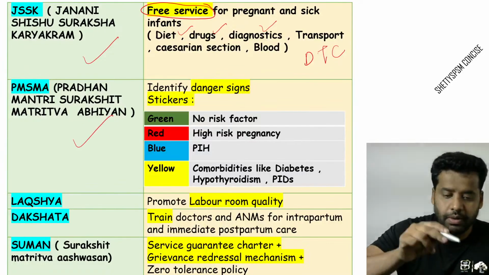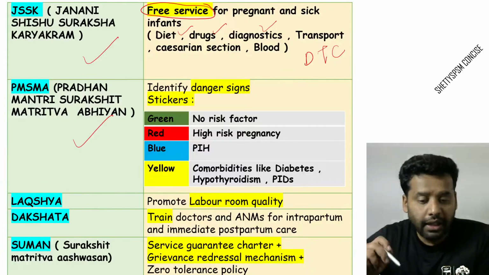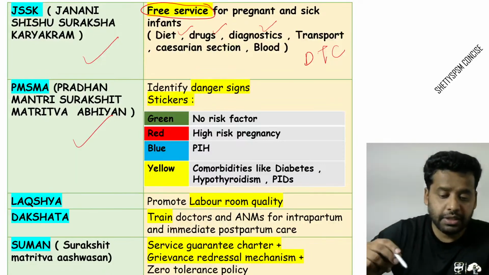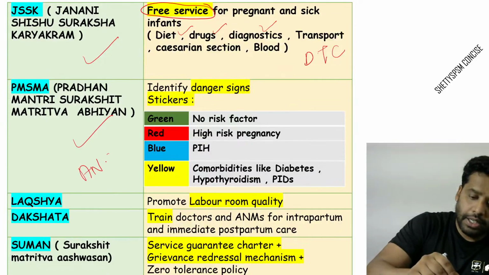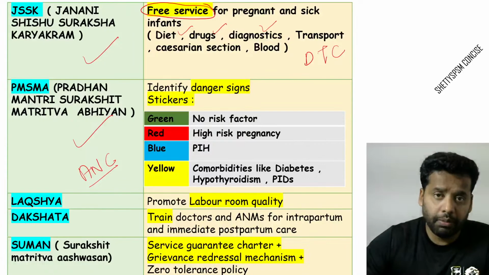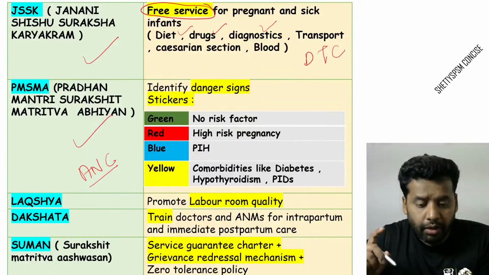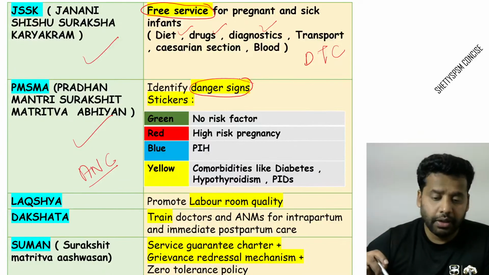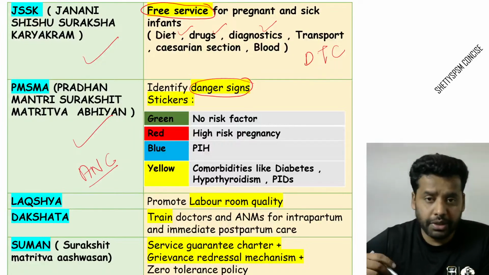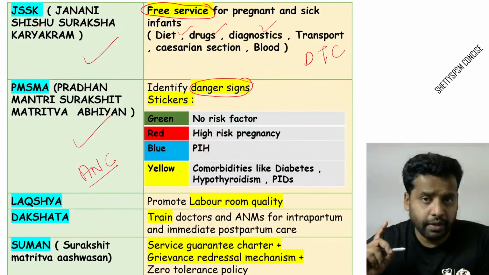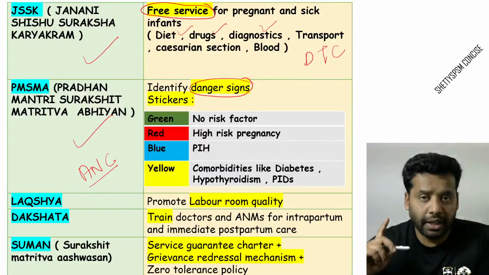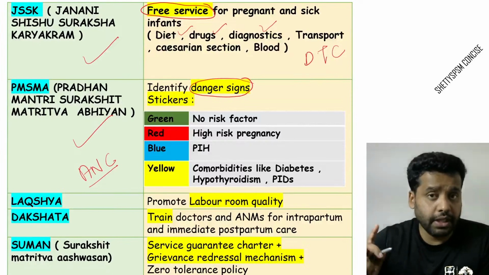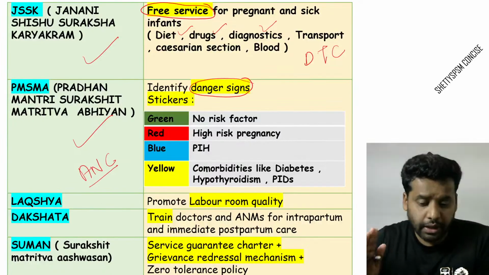Pradhan Mantri Surakshit Matritva Abhiyan. This scheme is very important. Antenatal clinics, PMSMA clinics, will be held on the 9th of every month, where you identify the danger signs in the pregnant women who come. Usually in the second or third trimester, they will come to the clinic. One visit is given: out of the total 4 minimum antenatal visits, they have to come and get themselves checked at least once in the clinic.